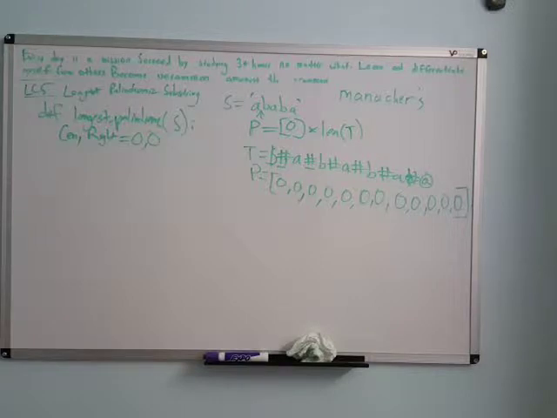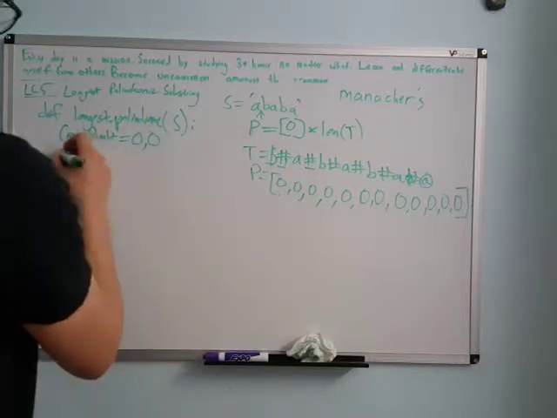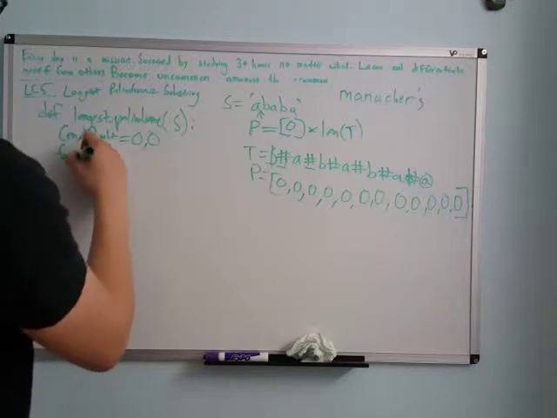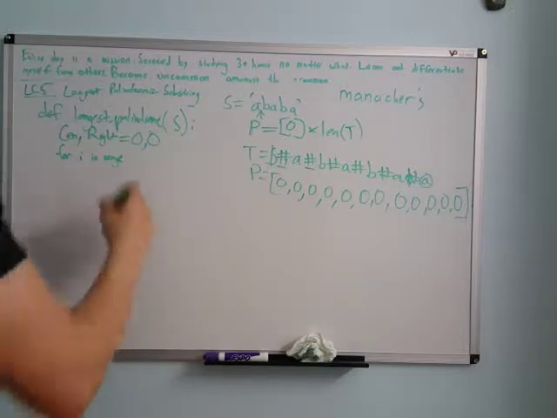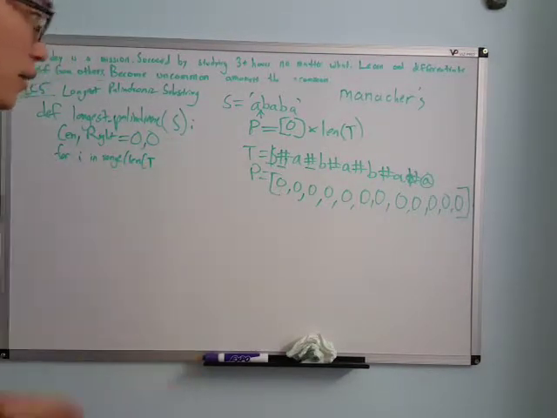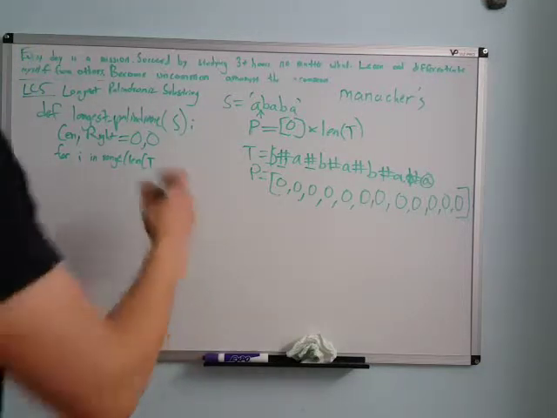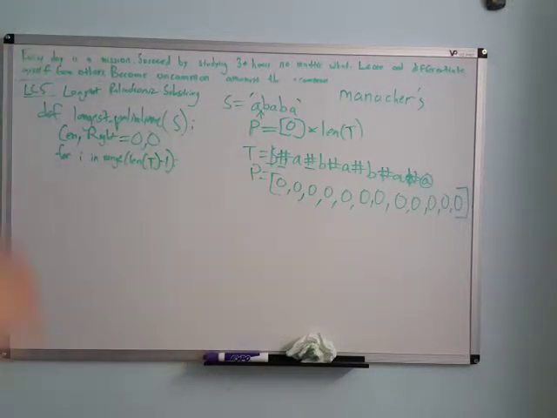So now that we have that, we need to iterate through T, right? So for i in range of length T, this is going to be T minus 1, right?